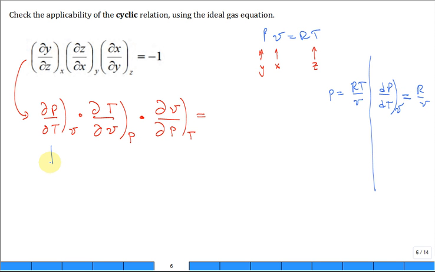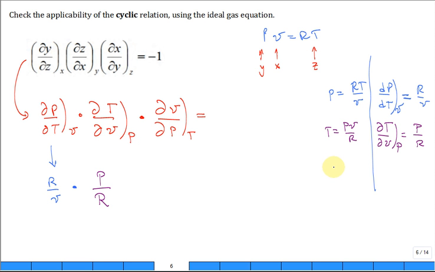Now the next one, T is equal to PV over R. What's the partial of T with respect to V holding P constant? P over R. True?